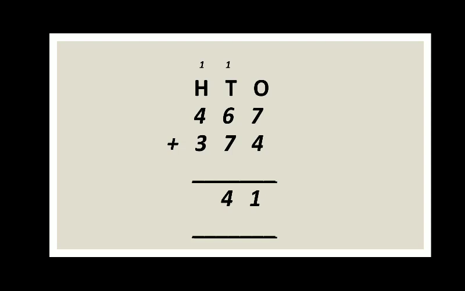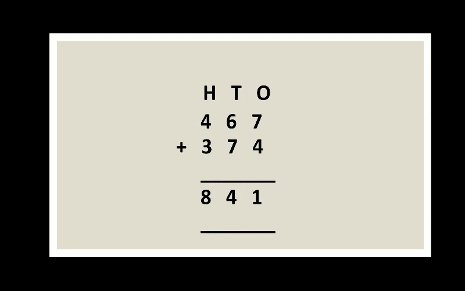Then you will add the digits at the hundreds place along with the carryover. So 4 plus 3 plus 1 is equals to 8 and thus the sum is 841. Never forget to add the number you carry over, because if you don't add the digit which you are carrying over, then your sum will be wrong.